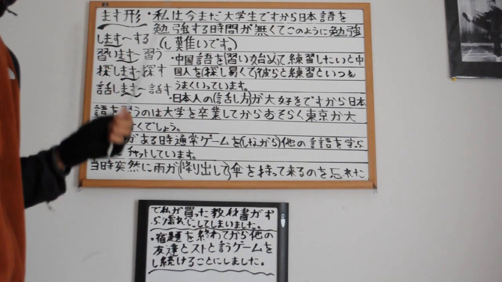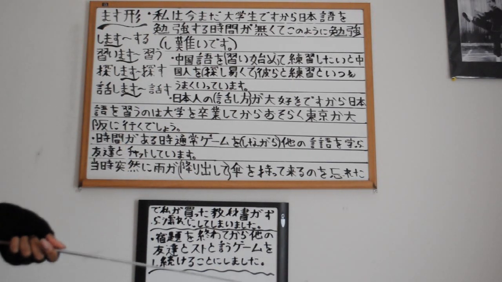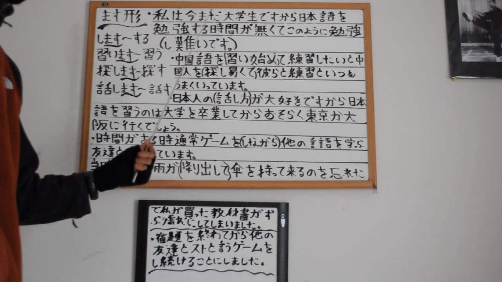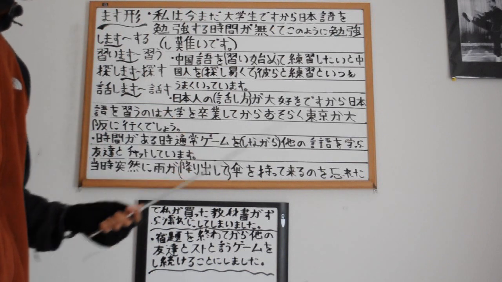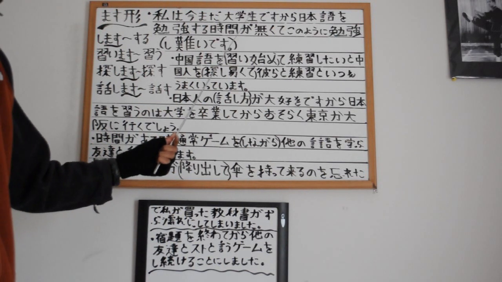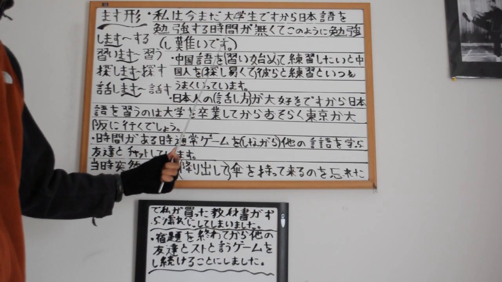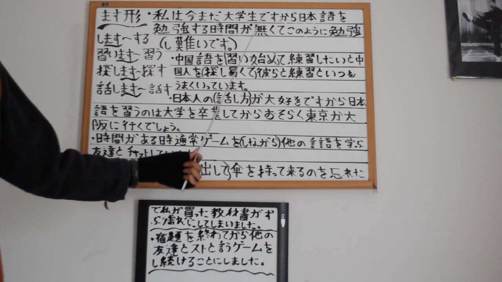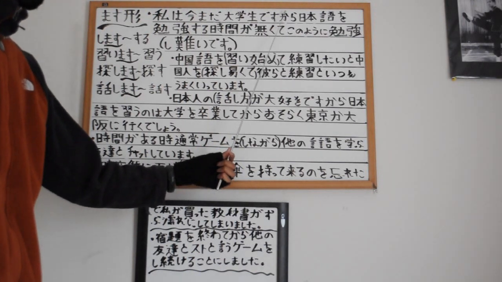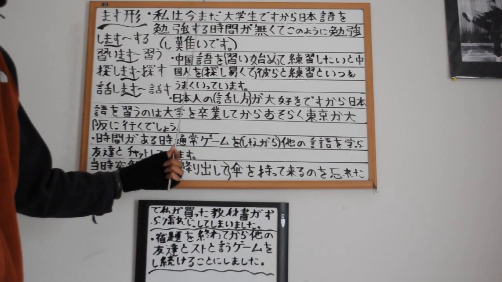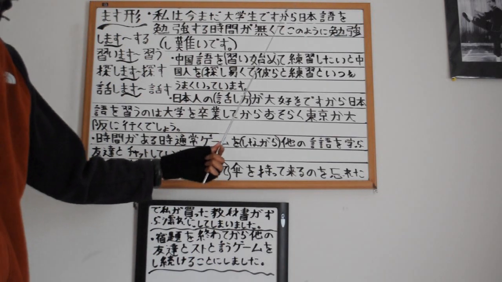Like that. But when it's used positively, then it's still. Like here, I'm still a student. So mada daigakusei desu. Daigakusei is student, college student. Kara means because. Because I'm still a college student now.